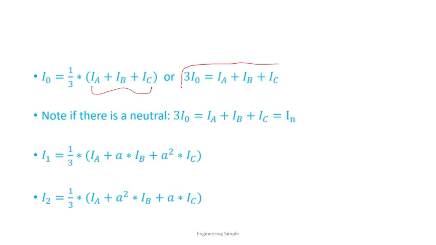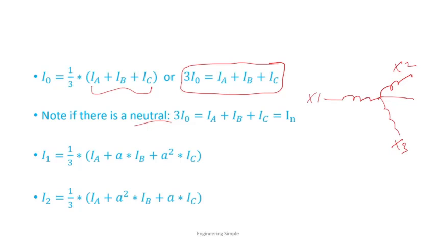So notice, if you have a transformer that's connected as a Y, say with bushings X1, X2, X3, and you have a neutral connected to bushing X0, and it's grounded. What is the sum of these currents? It's the current that would flow in the neutral, if it's grounded, which is 3 times I0.